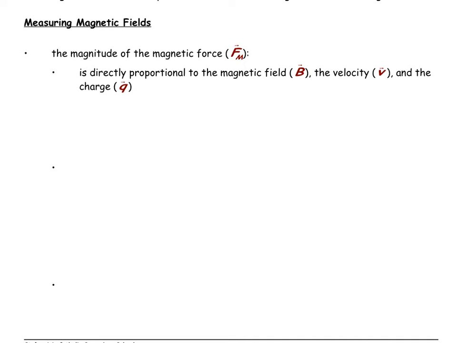Given that, we can write out a proportionality constant. Here it is. Hopefully you can guess what this is going to look like. You can say that the magnetic force is proportional to the magnetic field times the velocity of the moving charge times the charge on that particle.